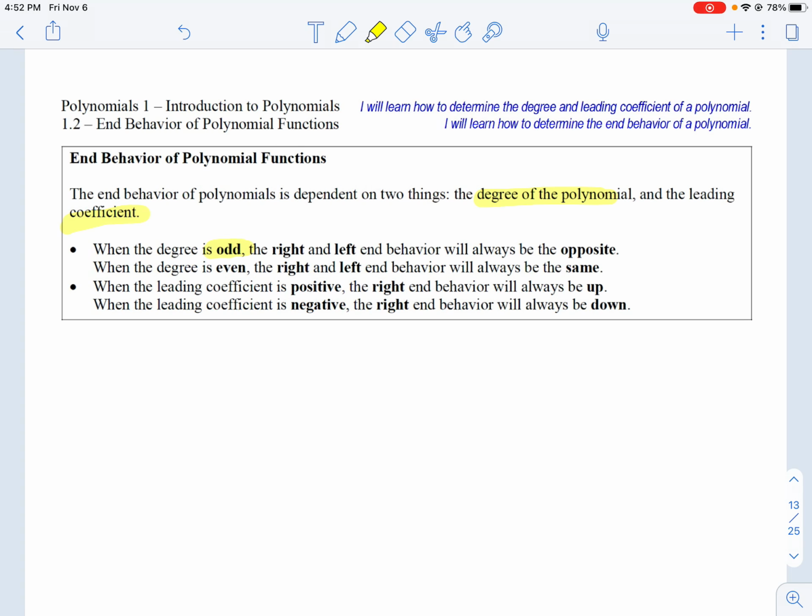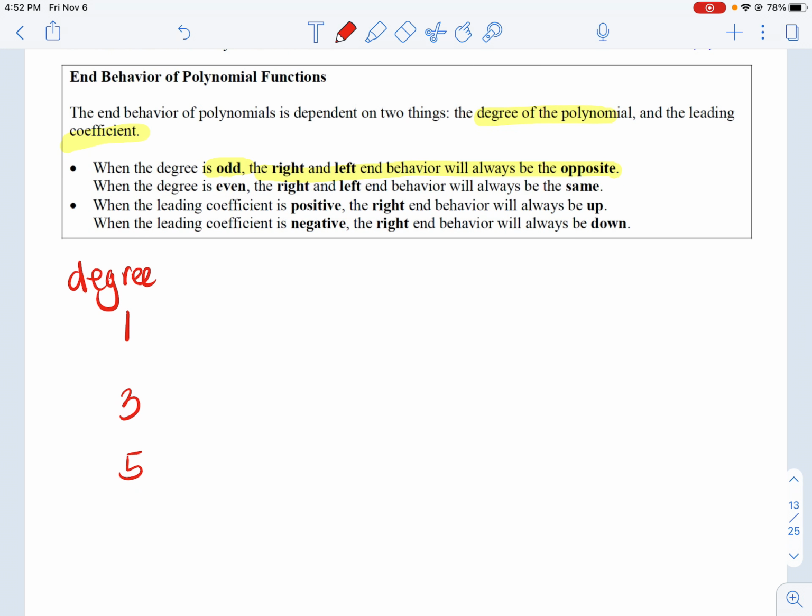When the degree is odd, the right and left end behavior will always be opposite. So when the degree is odd, what is that? 1. So let's make a table. When the degree is 1, 3, and 5, and of course 7 and 9 and 11 all the way, but we're just focusing on small numbers here.